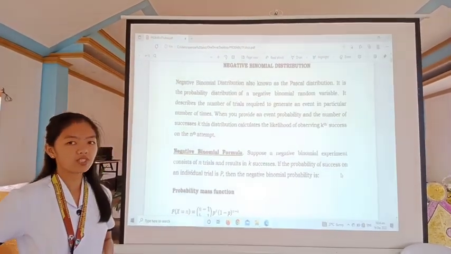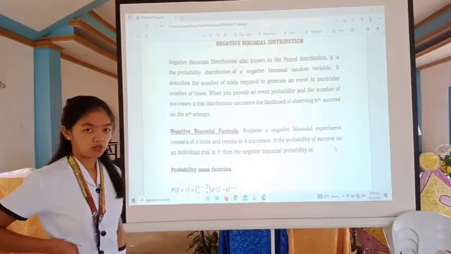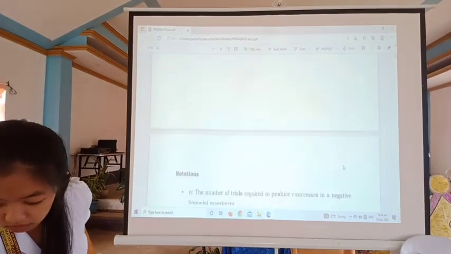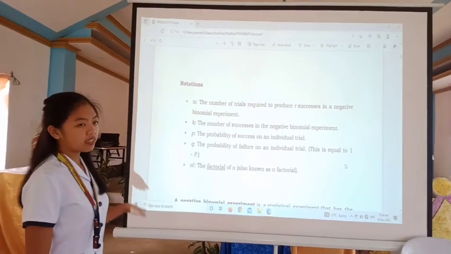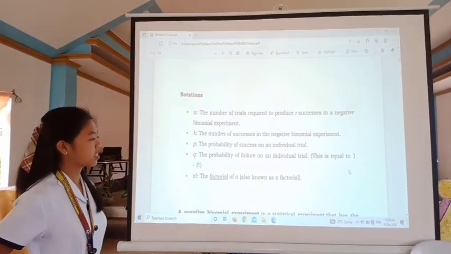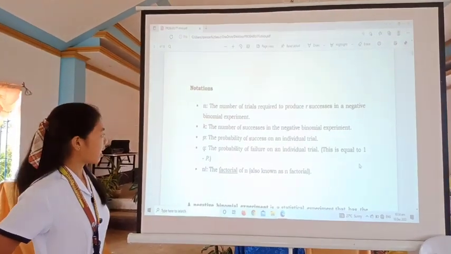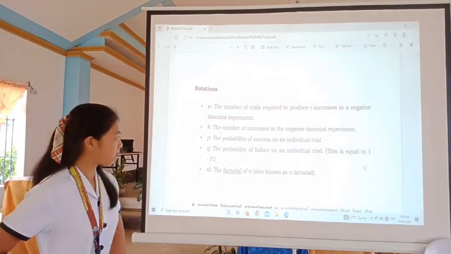There are different notations that we need to remember in the negative binomial distribution, and these are the following. N is the number of trials required to produce k successes in a negative binomial experiment. K, the number of successes in the negative binomial experiment.